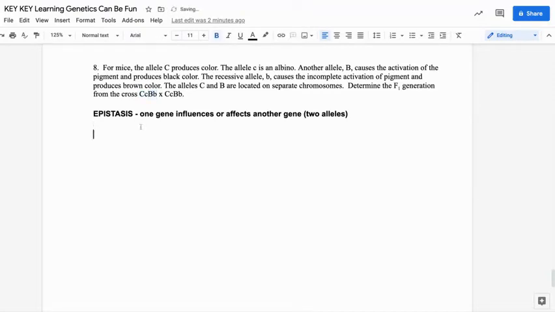So if you think about this, if there is a big C, and who cares what the other one is, as long as you have one dominant big C, then sure, you can have the expression of color. And that expression of color will then be dictated by the B alleles. So this would be a black fur mouse, and this would be a brown fur mouse.